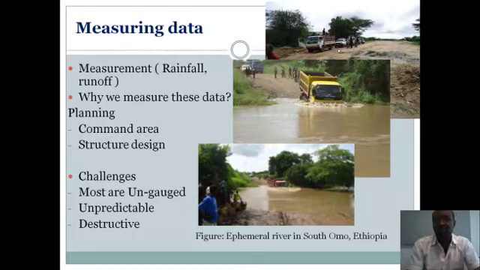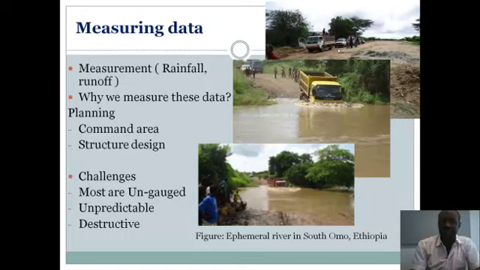And also the classical design of those structures still needs those measured data, and therefore measuring is very crucial. But the truth is, in those spate resource areas, the catchments and rivers are not gauged, and we may not have an evenly distributed network of rain gauges and flow measuring devices.